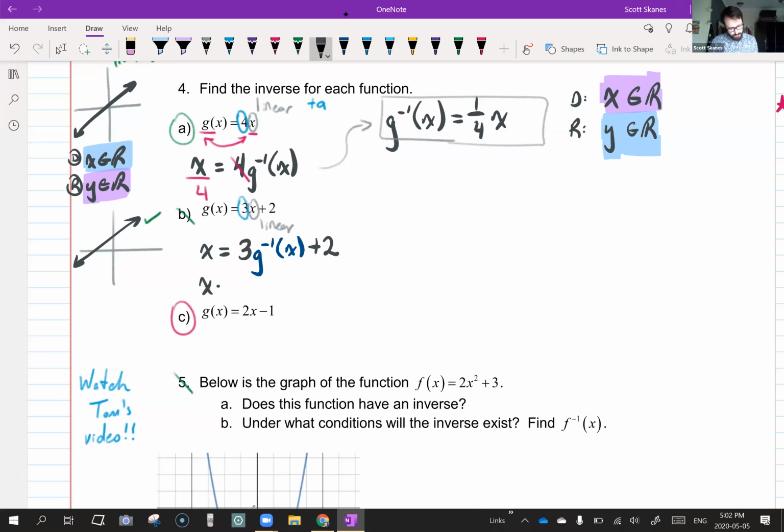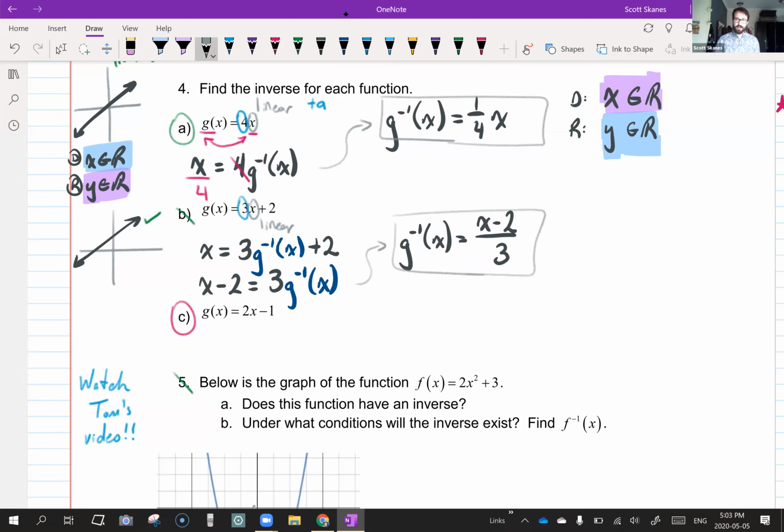It becomes X minus 2 equals 3 G inverse of X. Then divide everything by 3. What that gives us is G inverse is everything on that left side divided by 3. This is our final answer. That should be the inverse.